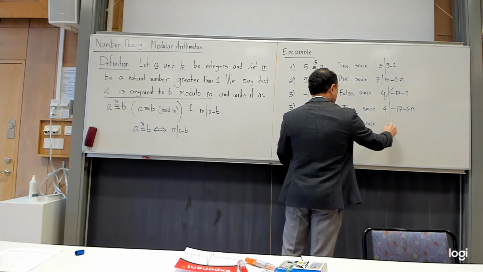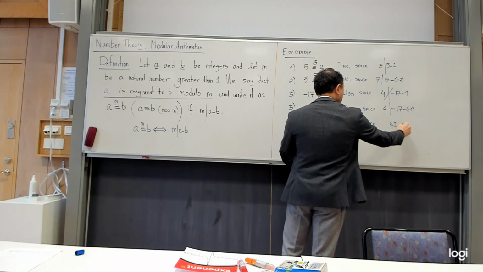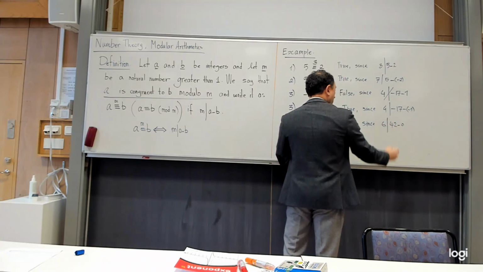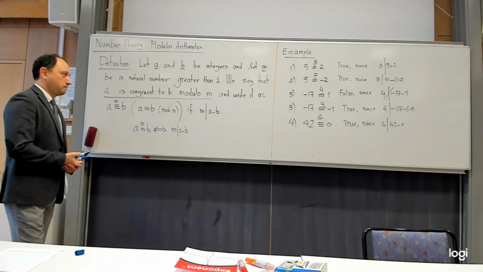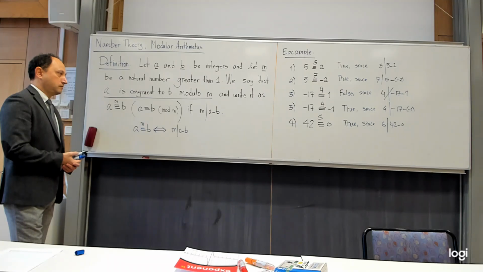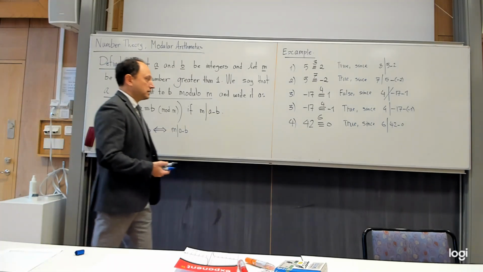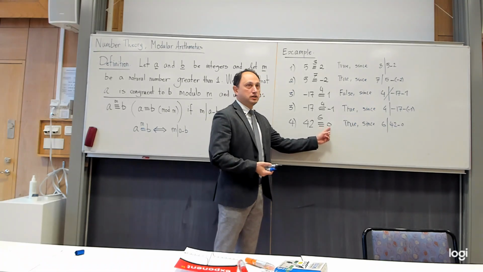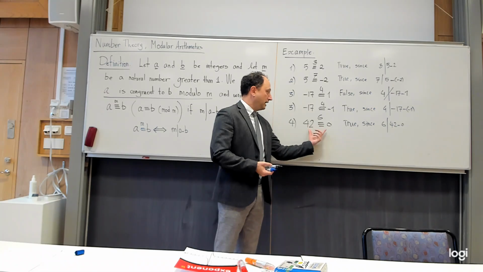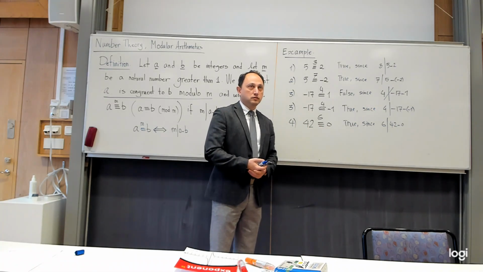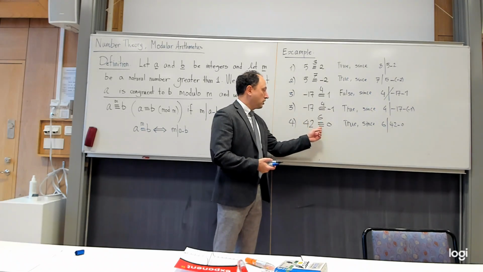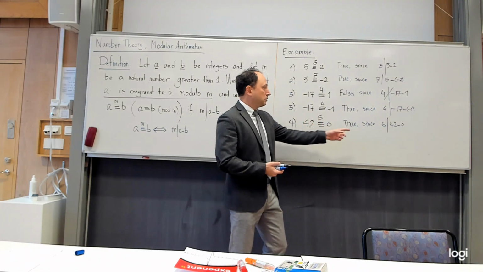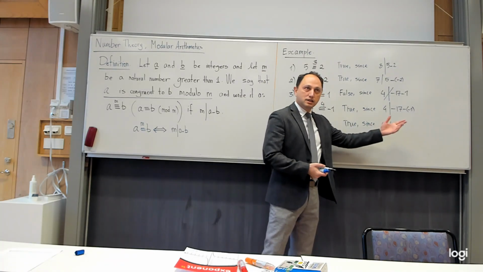Because if I write the number on the left minus the number on the right, this is divisible by 6. Okay, let me ask you another question. Can you give me another number instead of 0? Just change 0 to another number so that, again, the statement is true. Yes? 6, for example. Because 42 is congruent to 6 modulo 6. Why? Because 42 minus 6 is 36 and it's divisible by 6.